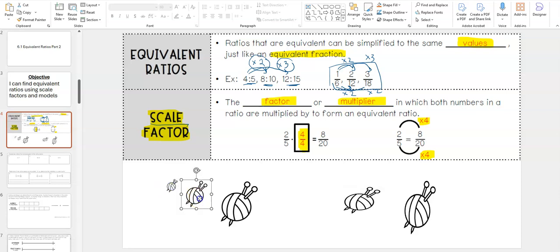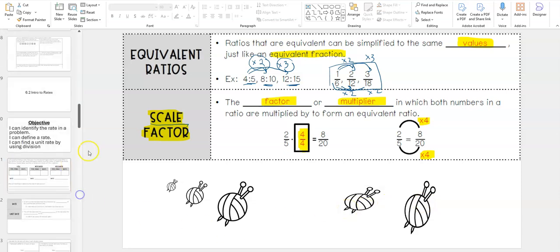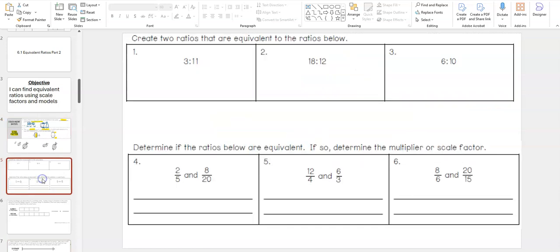We can tell that these 3 shapes are proportional or equivalent or to scale because they look like exactly the same image. All we did to make these pictures bigger or smaller was multiply by a number or a fraction to change their size the same way for every piece of my drawing. In these two, they're not to scale. They are not equivalent because I did not use the same multiplier or scale factor when I was changing its size.